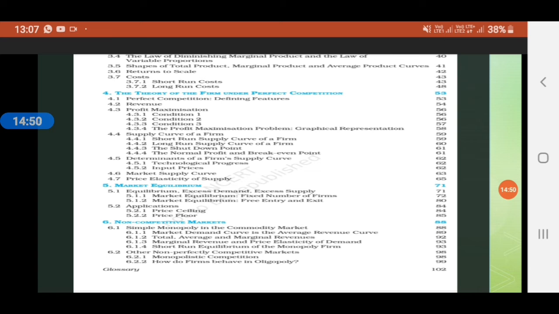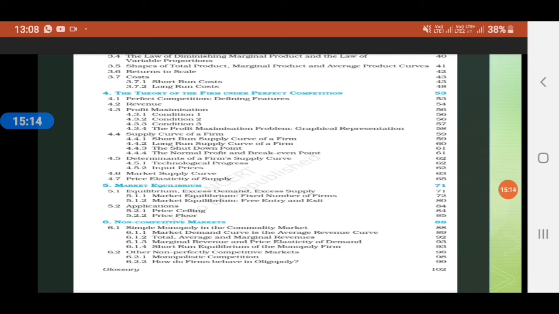When the firm is technically sound or progressed, the firm's supply curve shifts to the right or upwards. If the firm is not technically progressed, the firm's supply curve shifts to the left or decreases.